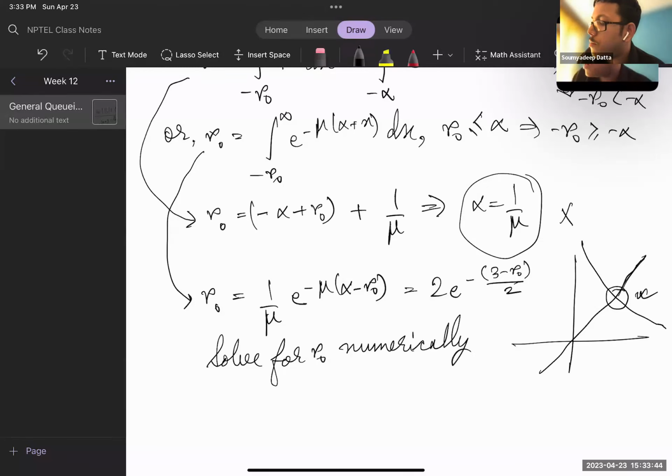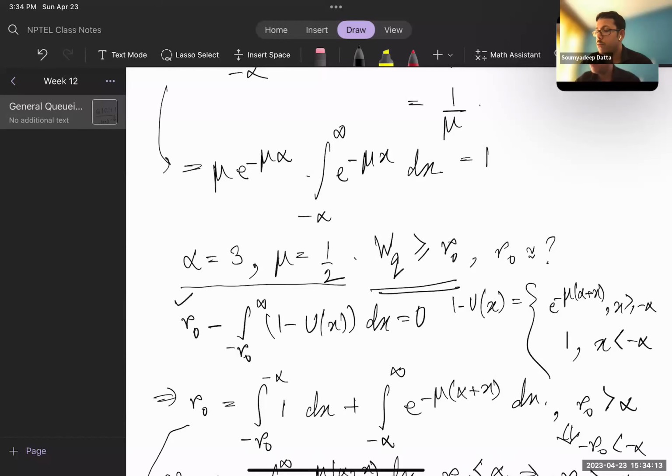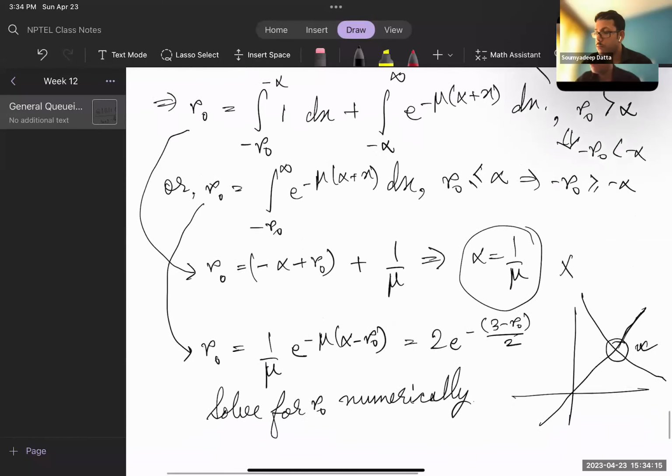We can use MATLAB or Mathematica or some advanced scientific calculator to solve for this and obtain the answer. So there is a numerical solution, and that numerical solution can be used. That is the answer we need, right? We need the lower bound to the queuing delay. Is this clear? Okay, sir.